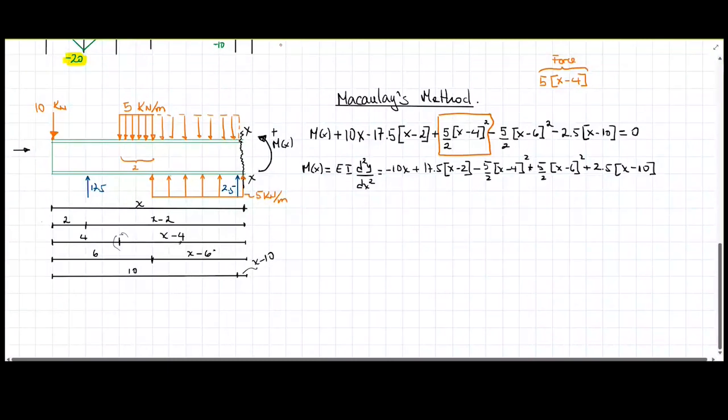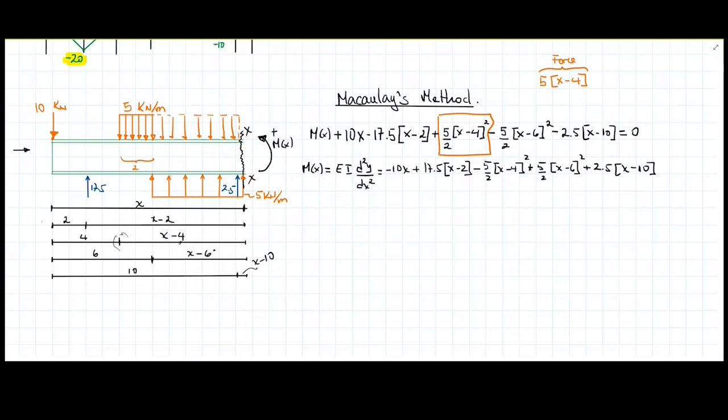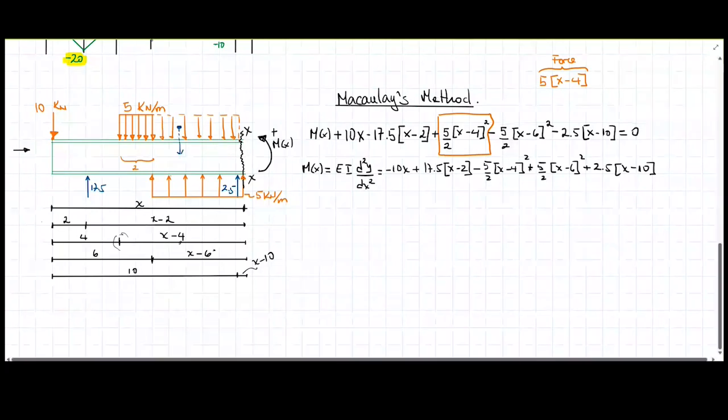Then I have to multiply it by the point of application of this distributed force, to take moments about the x axis. And the point of application of this force, when it comes to the case of uniformly distributed forces, is going to be in the middle. So this is going to be the equivalent force of that one, 5 times x minus 4.